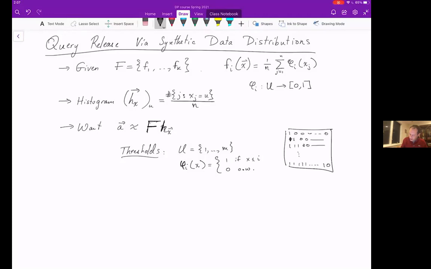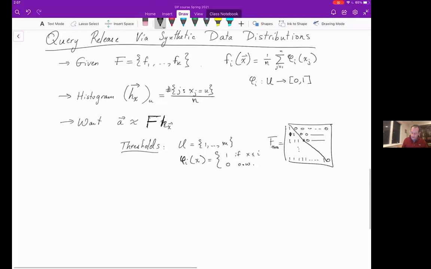Okay, so everything on and below the diagonal is a 1, and everything above the diagonal is a 0. That's what F for thresholds looks like.